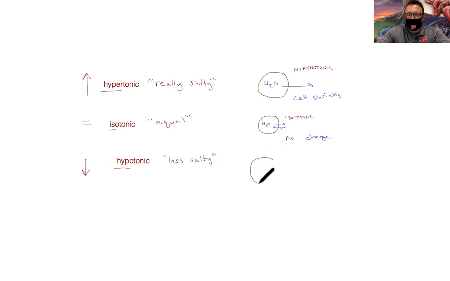Hypotonic, I think hypo-hippo, that always helps me remember. Hypotonic. Sorry, it's really hard to write with a mouse. Hypotonic. And the perfect example of hypotonic is distilled water or pure water.